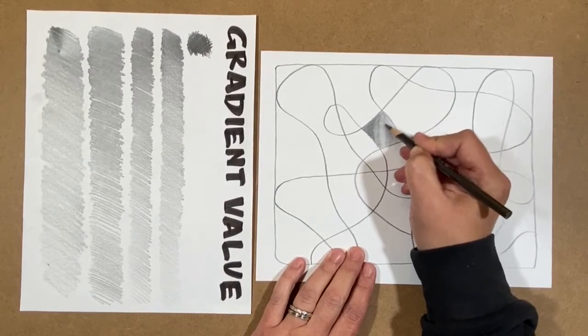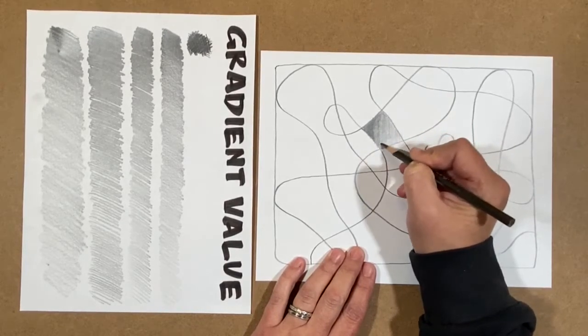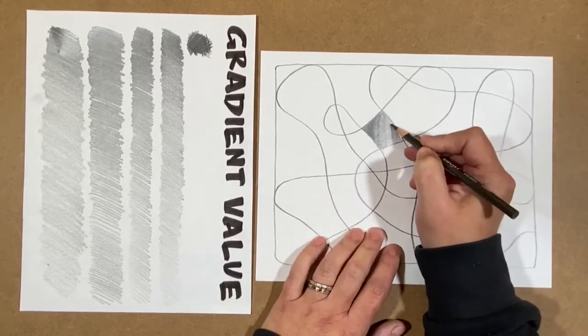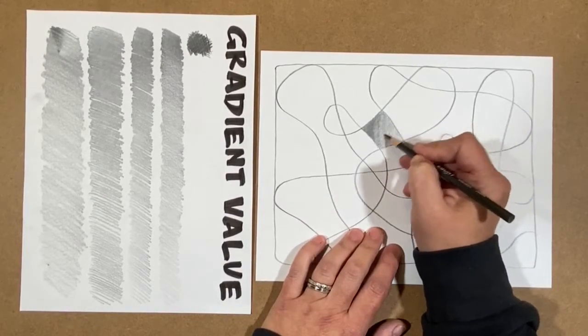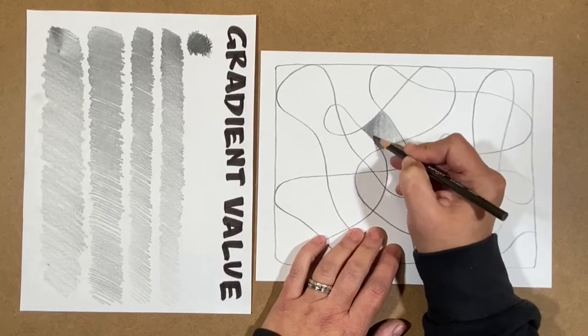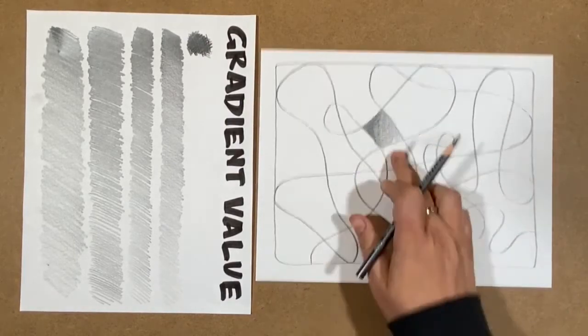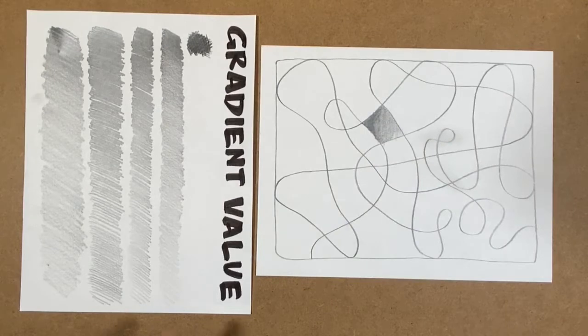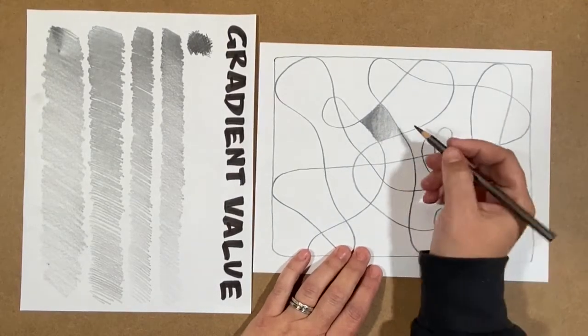And then when I get to the final bit, I'm not going to add a second layer right over here, because I feel like I went a little dark at that last corner. But there is a whole shape that has gradient value.